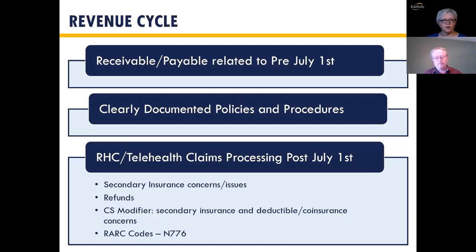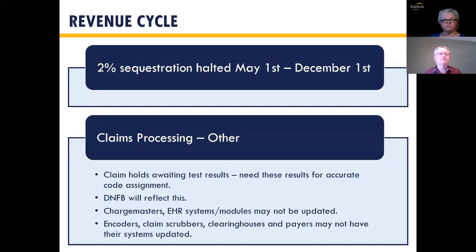And then just be aware there is a remittance advice remark code that is currently available on claims that we may see more of, and that's the N776, saying that this service is not covered as a telehealth type of a service.